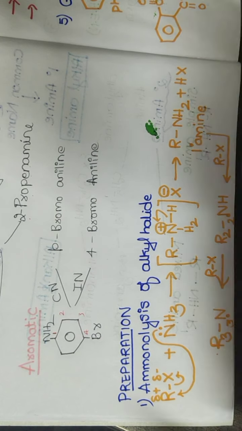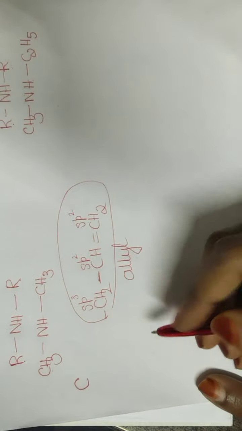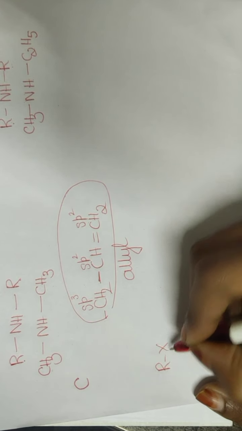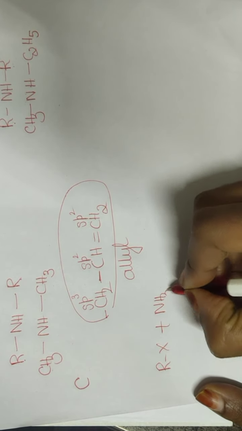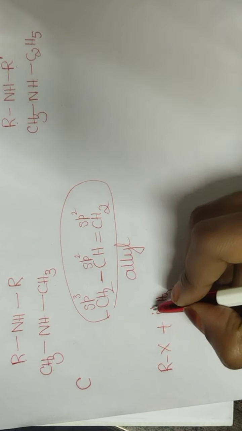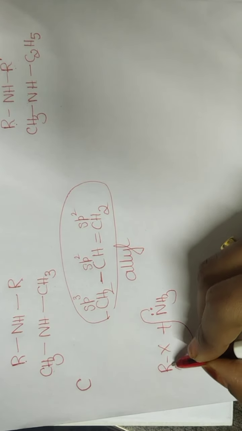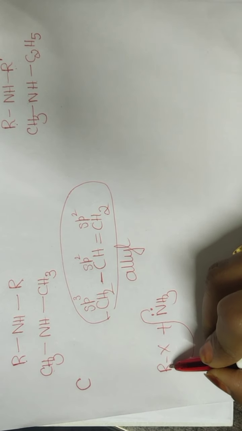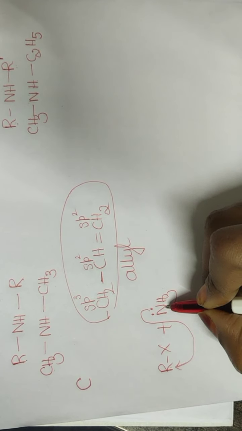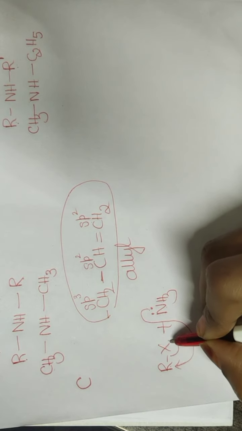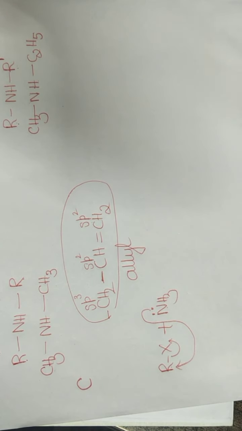So now what will happen? Look over here. If it is RX where NH3 is attacking, one lone pair of electrons will form a bond between R and the nitrogen. Immediately the halogen will leave as halide ion.